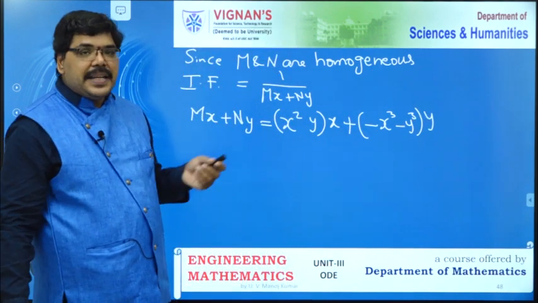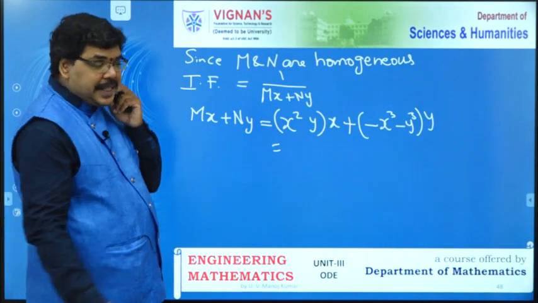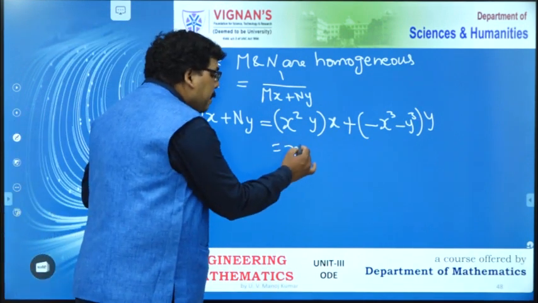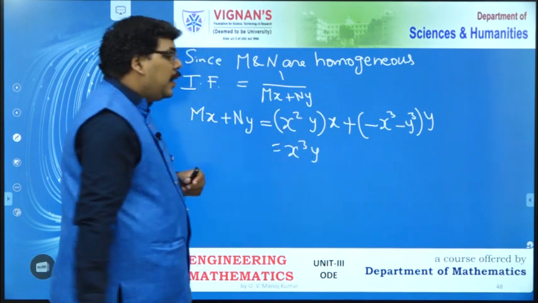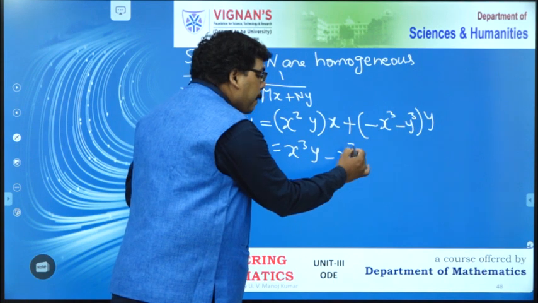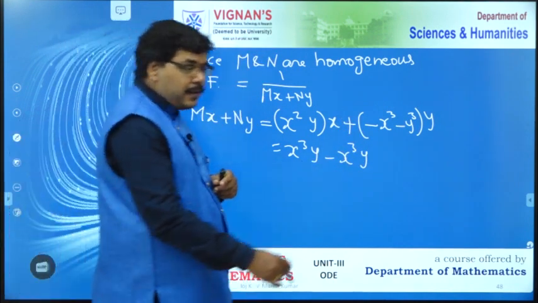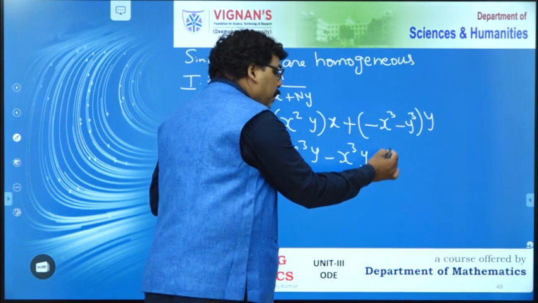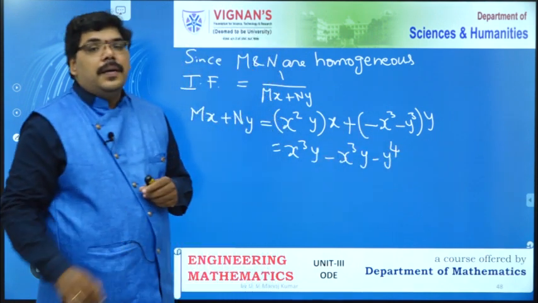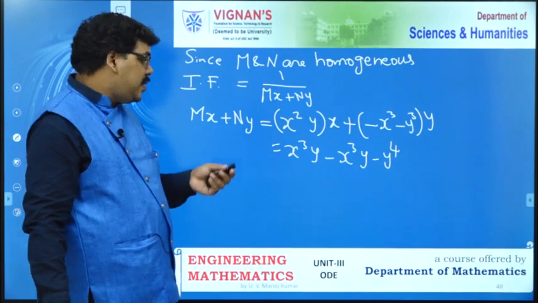Mx plus Ny, simplify this. x square into x, x cube y, minus x cube y, minus y cube into y, y power 4, minus y power 4. Plus x cube y minus x cube y is 0, cancels.